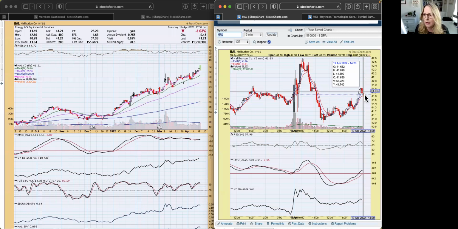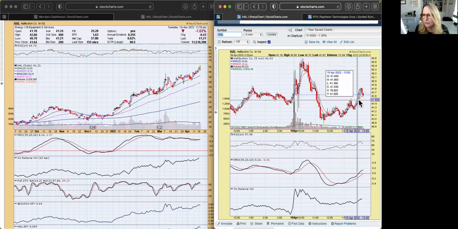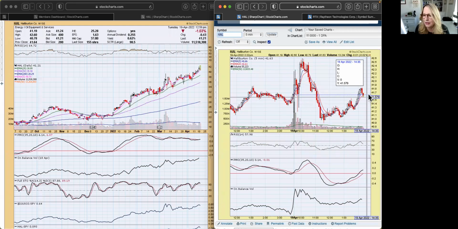So we are pulling back. And I would say the next level of support is going to be right around here at 41.50. Like I said, our entry would have been more down here, which could also form support on that low. But I would like to see it here, and then I would like to see it bounce a little bit. We could see that PMO turn over, but there's a lot of margin between it and its signal line.